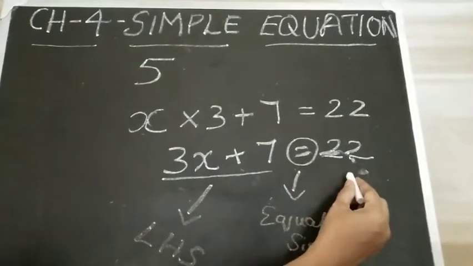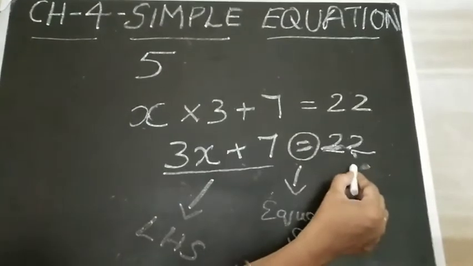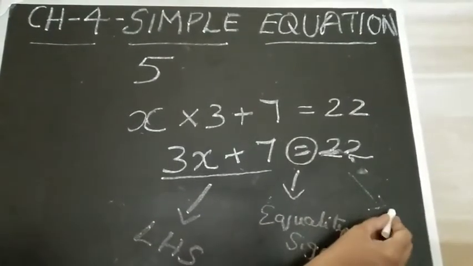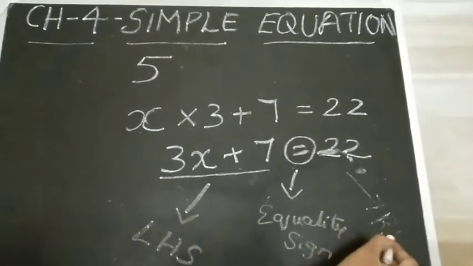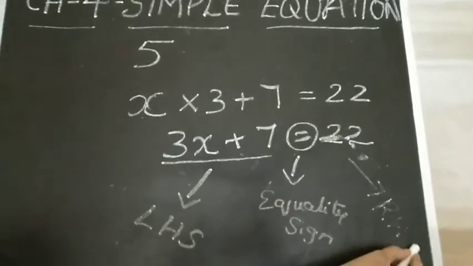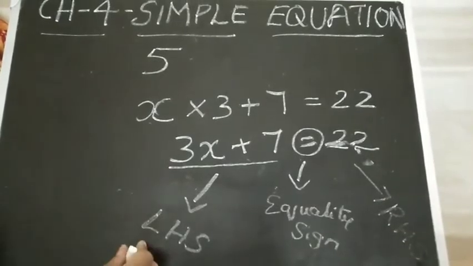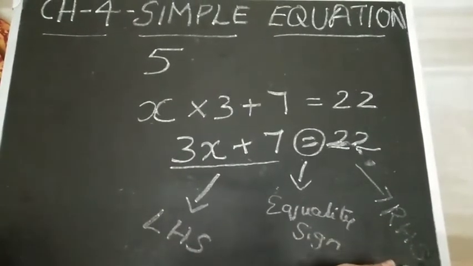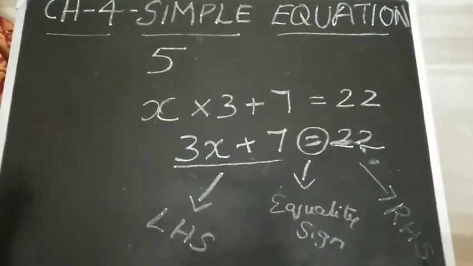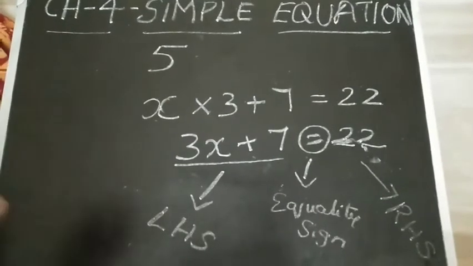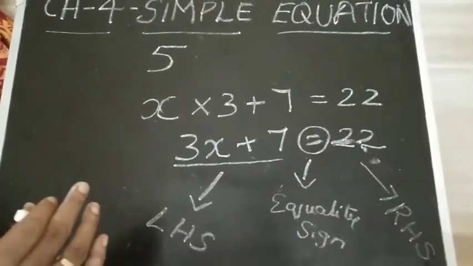And after the equal to sign, that's a constant. We call this side RHS, which is right hand side. LHS, RHS and equality sign. So, what is an equation?